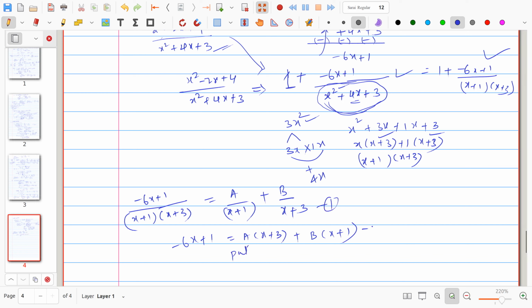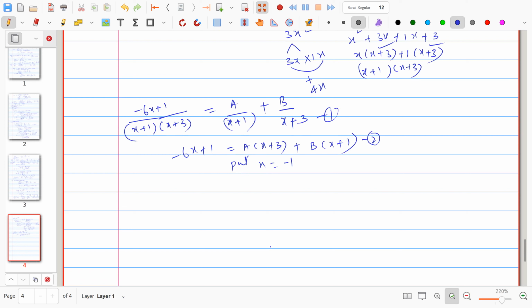Call this equation 1 and this equation 2, and put the value of x equal to minus 1, then we will get the value of a. Minus 1, 7 will come here, and a into minus 1, 2a will come. So therefore a is equal to 7 by 2.